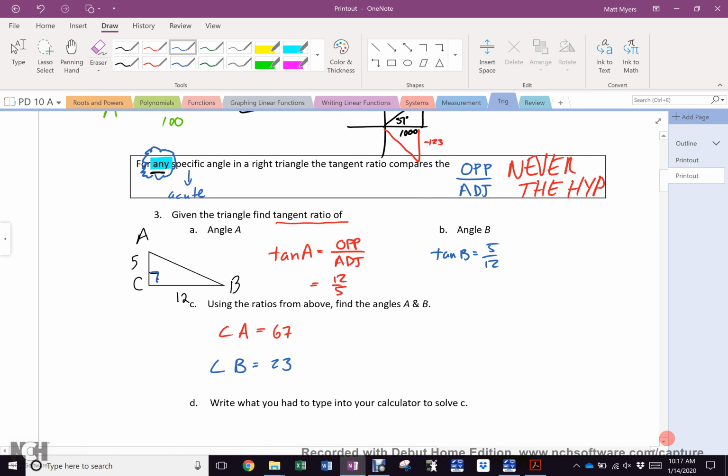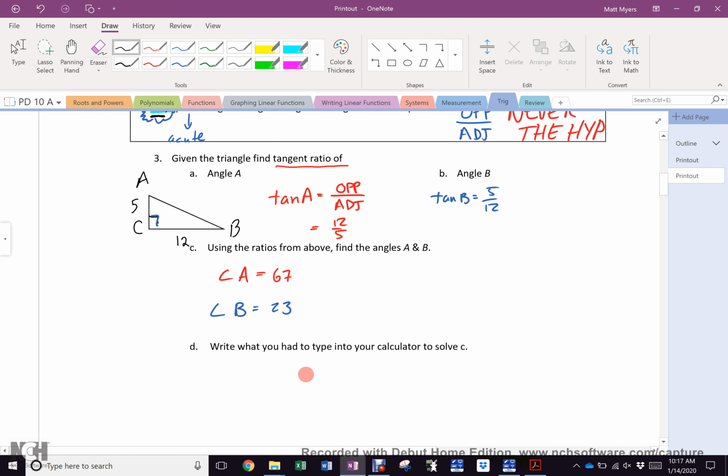Now, listen, please. This is the way I do this. I'm going to write down what I type in. I want you to write what you type in. When I am faced with this, I push shift, tan, bracket, 12 divided by 5, close brackets, equals. That's what I punch in.